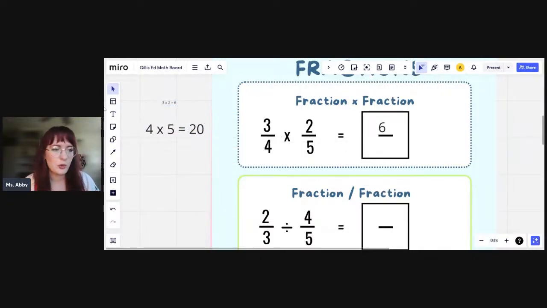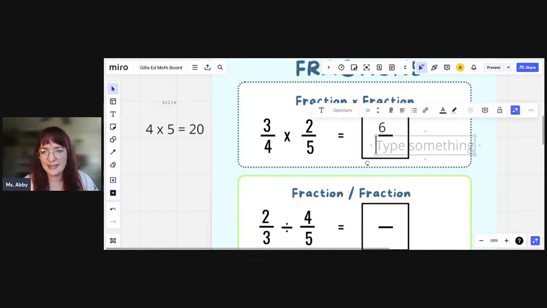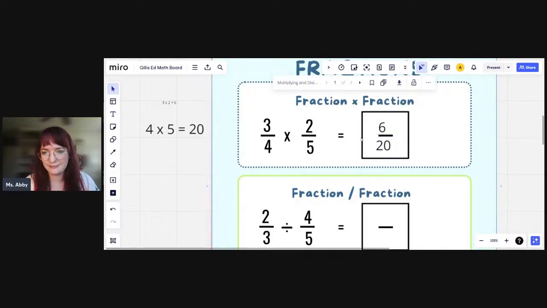So we're going to put a 20 in the bottom of this. However, we're not going to leave our fraction like this because we need to simplify it to its lowest terms. So to do that, you are going to divide these numbers into their most simple terms while still remaining a whole fraction.